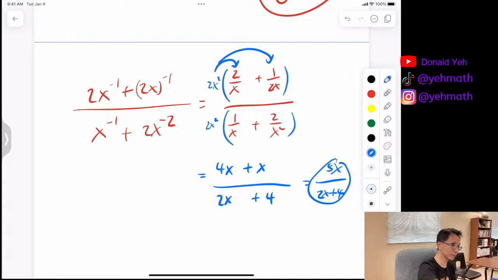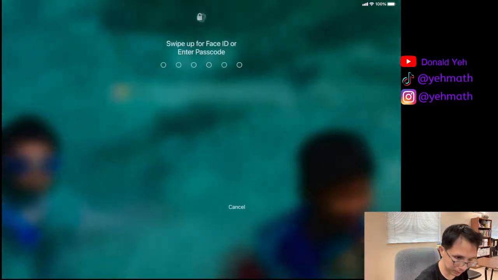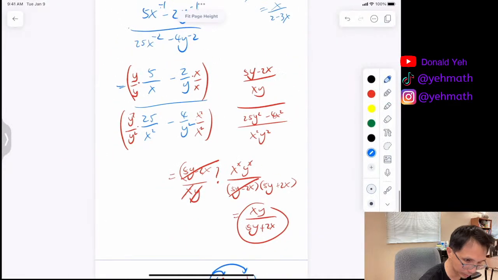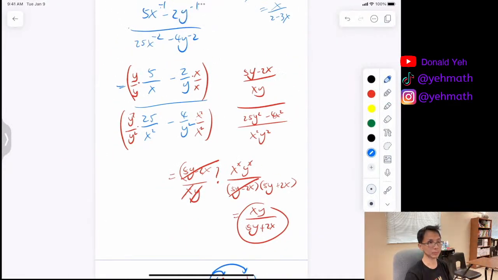Thank you, Mr. D. Question about the problem for this one. When you multiply it by x squared, it just became 2x. I was wondering how.